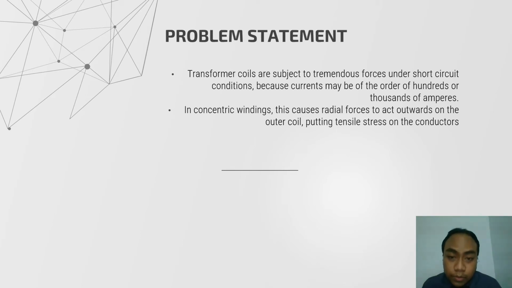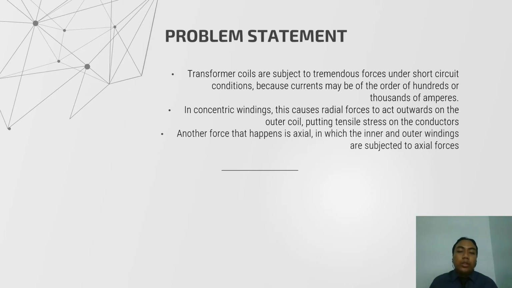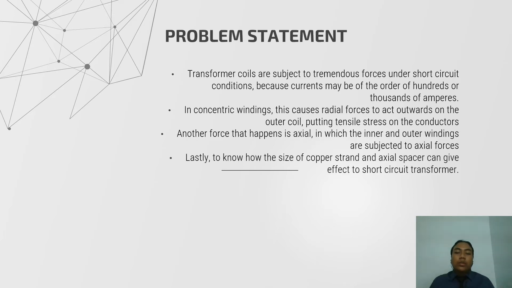Then the radial force that works on the outer coil puts tensile stress on the conductor. The third point is another force that happens in axial, where the inner and outer winding are subjected to axial force. Lastly, we want to know how the size of copper strand and axial spacing can give effect to short circuit current in the transformer.